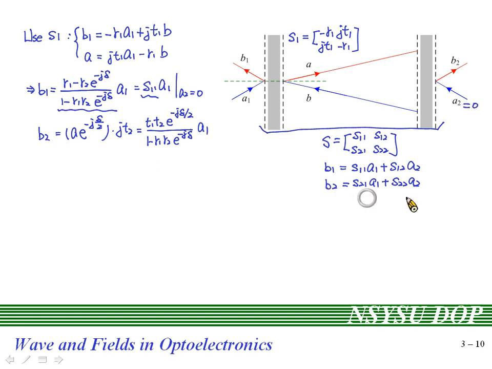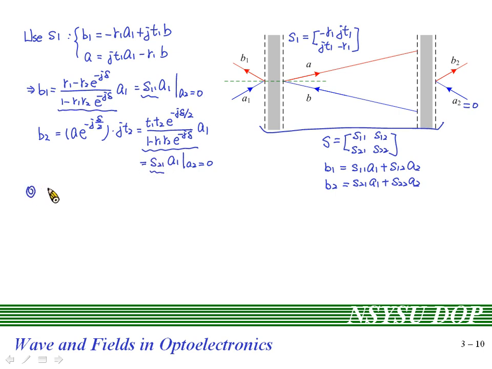And of course, here B2 is obtained as A2 is 0. So according to this equation, as A2 is 0, B2 can also be written as S21 A1 as A2 is 0. So you can say this term will be S21. Following the above result, you have obtained S11 and you have also obtained S21.